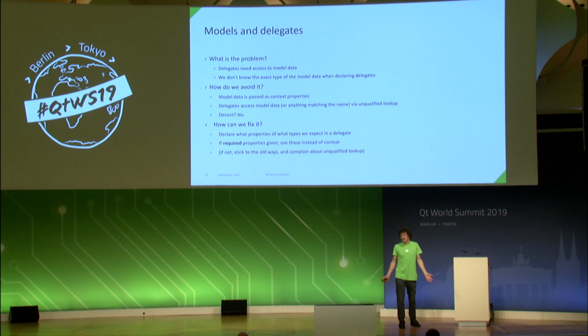And the delegates just access random things, and that access goes to the regular context, to the root object, hierarchy of lookups, and they find something. Is that the intended model data, or is that something else? We don't know. Is that decent?